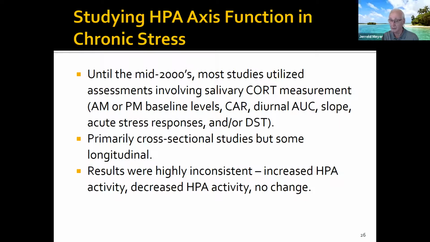it's not ideal for a number of reasons, some of which we've already discussed. Sensitivity of salivary cortisol to rhythm, to a stressor occurring that day, and so on and so forth. So in this early literature on chronic stress and salivary cortisol measurements, the results have been highly inconsistent.